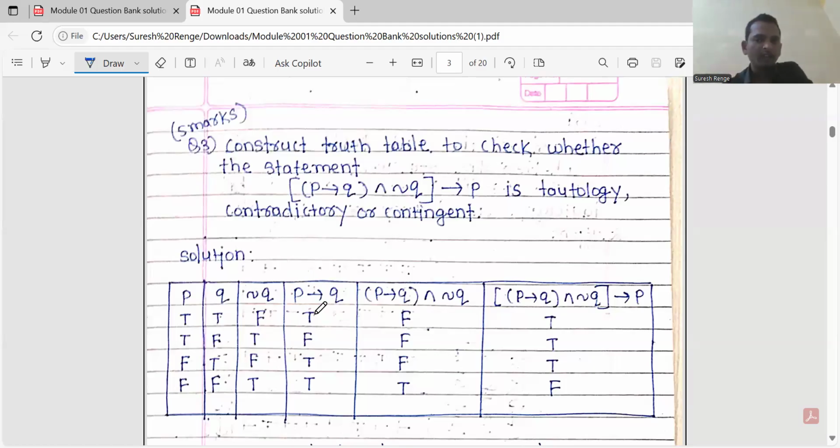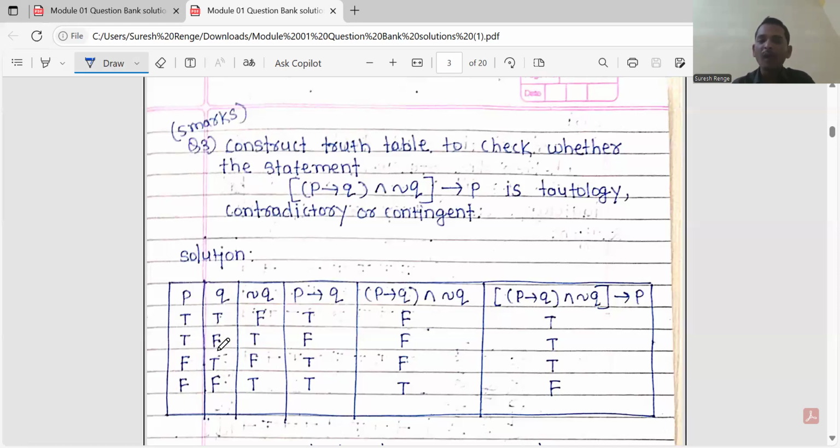The only condition in which the result is false is when the first truth value is true and the second is false.